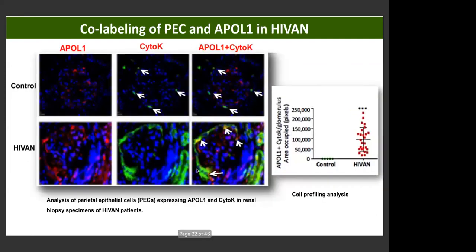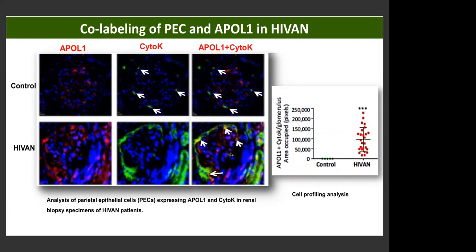And this is a staining for different podocyte markers. So to check this in vivo, we took control and HIV patient kidney biopsies and stained them with APOL1 and cytokeratin as the parietal epithelial marker. So here we can say that the green is covering the parietal epithelial cells, and this red one is the APOL1.